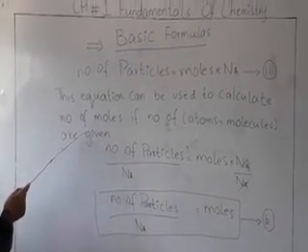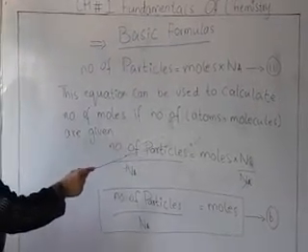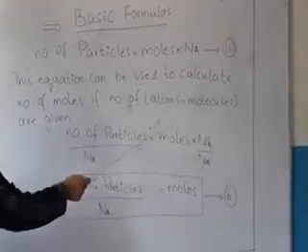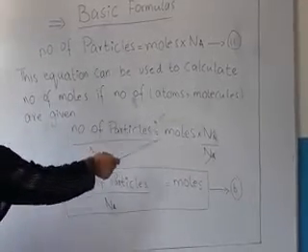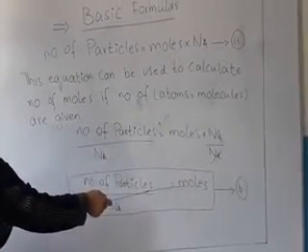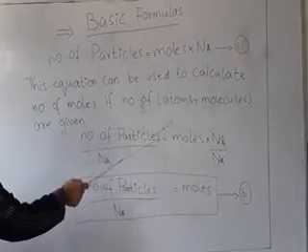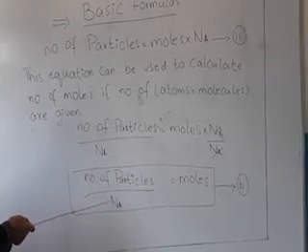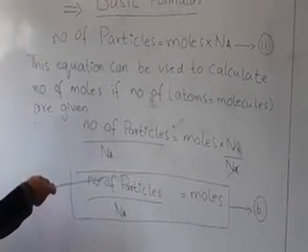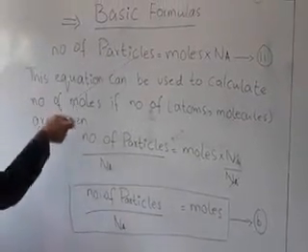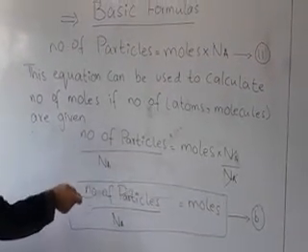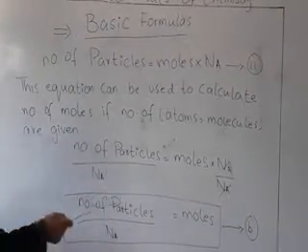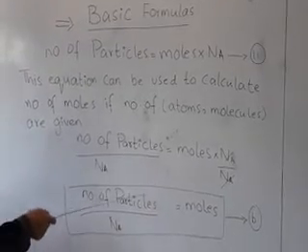Again, mathematically dividing by Avogadro's number on both sides, we will be left with number of moles only on that side of the equation. So this formula will be modified to moles is equal to number of particles divided by Na. In this way, we have modified our equation number 2 to another equation B, through which we can calculate the number of moles for that particular number of particles of a substance.